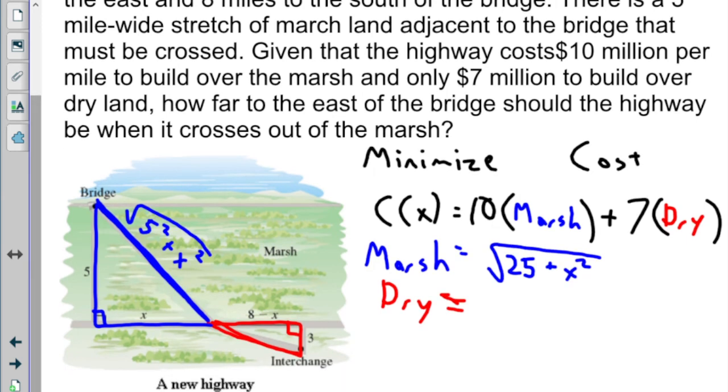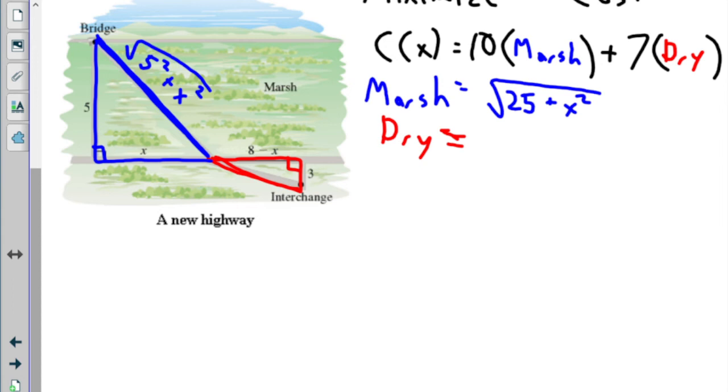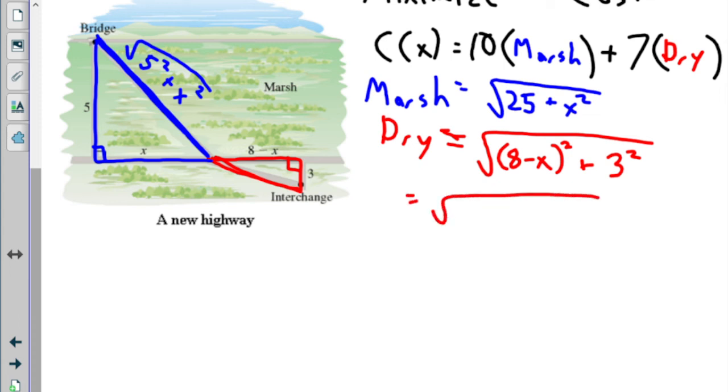And by the same token, the dry land distance would be the square root of 8 minus x quantity squared plus 3 squared. And to rewrite that, don't forget that this is not 64 minus x squared, because it would expand out.